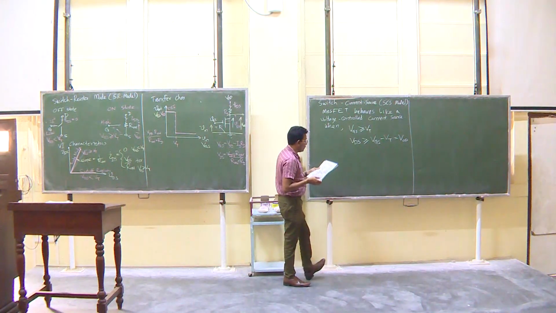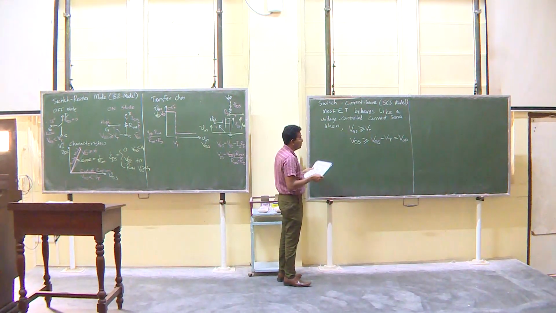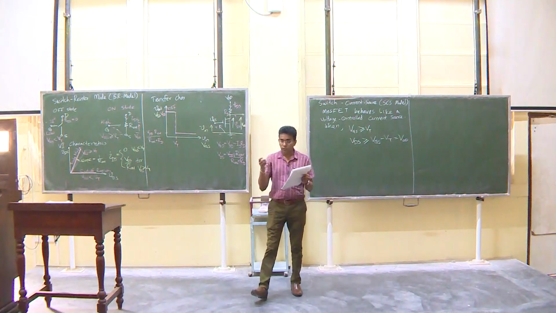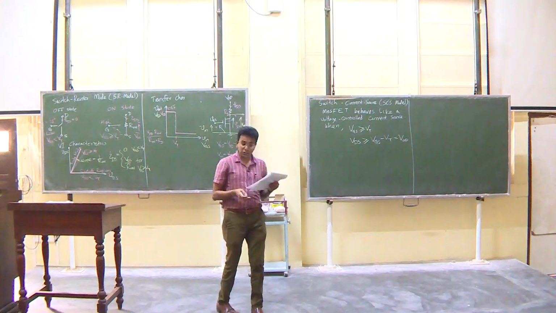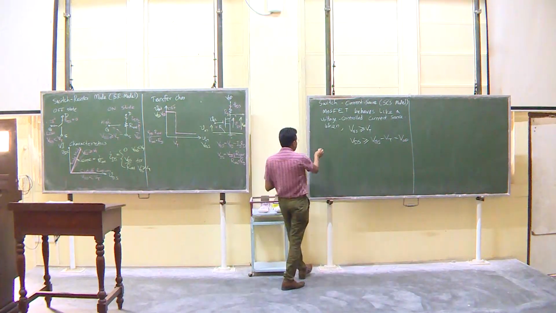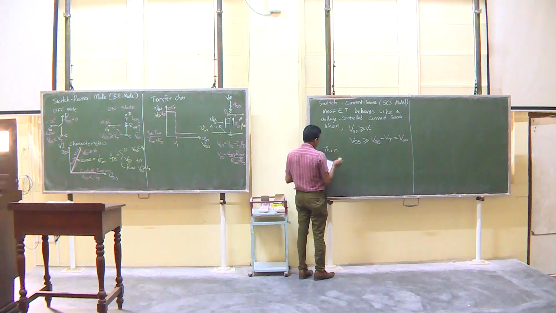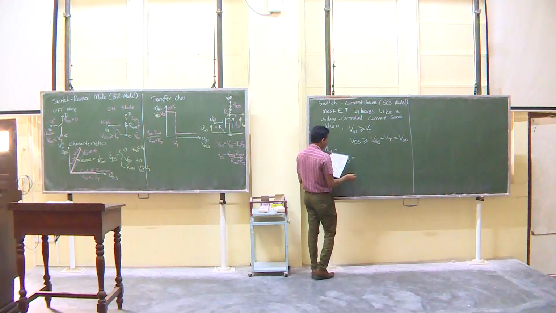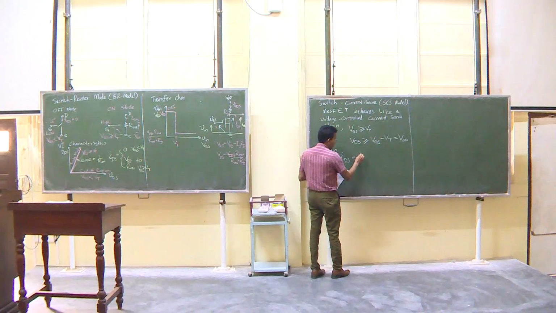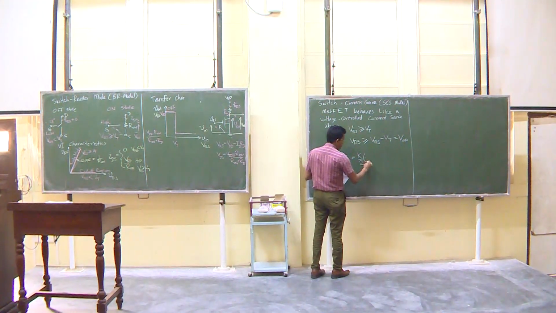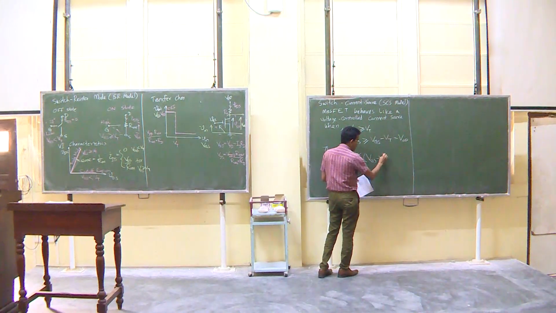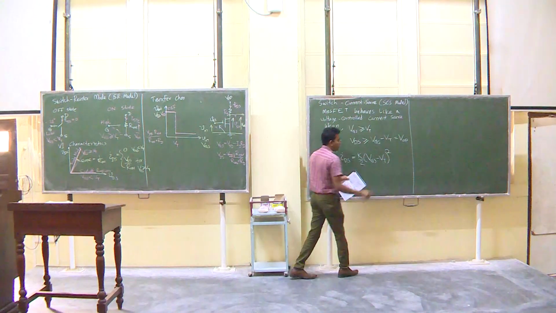then, when this overdrive voltage is positive, we have a relationship between IDS and VGS: IDS is K divided by 2 times VGS minus VT, the whole thing squared.